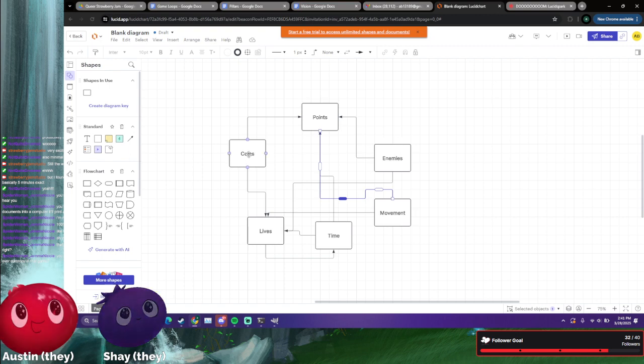These are interactions, like interacting with coins generally has this effect. Interacting with enemies generally has these two effects. The movement is kind of what that interaction turns out to be, but the movement and enemies don't directly interact. The movement and coins don't directly interact per se. Does that make sense? Like you don't generate enemies as a resource by moving.